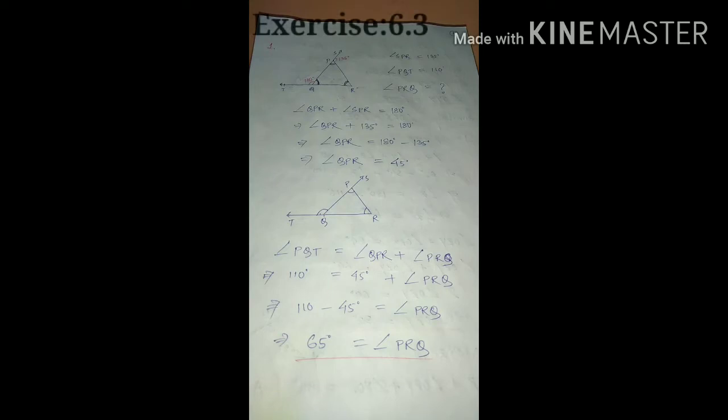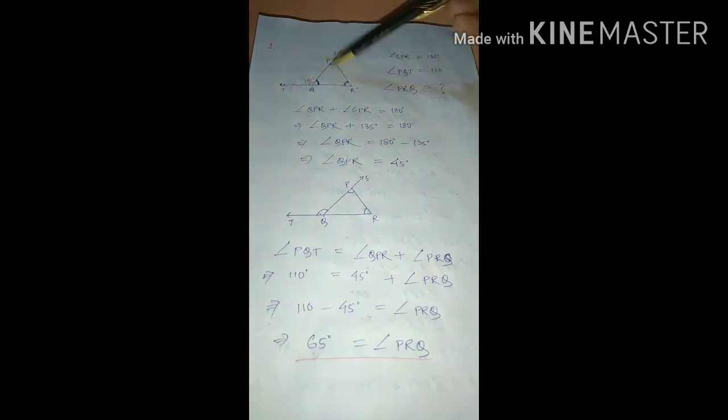Now let's see, in this case, since QS is a straight line, PR is the common arm, so these two are adjacent angles, and the sum of these two adjacent angles is how much? 180 degrees. So we write QPR and SPR, and the sum of these two angles is 180 degrees.